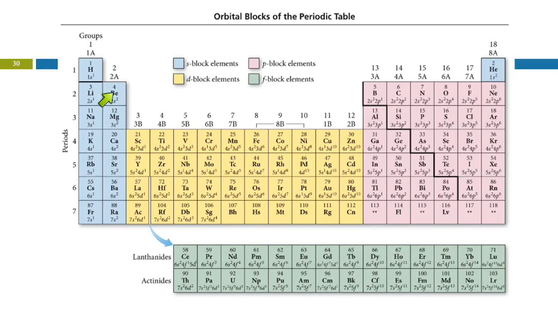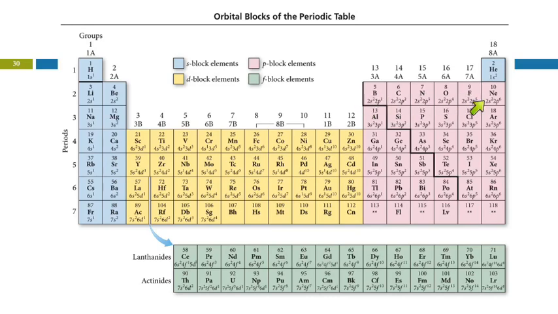So the S block, an S sublevel has how many orbitals? There's 2 electrons, 1 orbital, right? So one orbital, 2 electrons. And so here we see that there are 2 columns, and that corresponds to the S block.